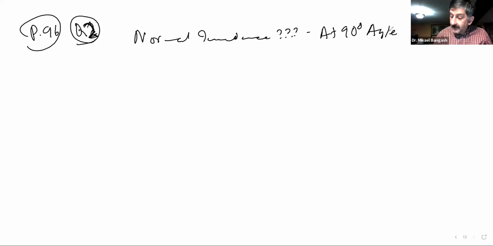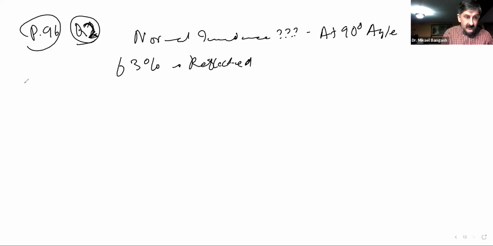63% of the wave's intensity is reflected back towards the transducer. What percentage is transmitted? So it says 63% is reflected. This 63% here, if that is reflected, is just your intensity reflection coefficient.